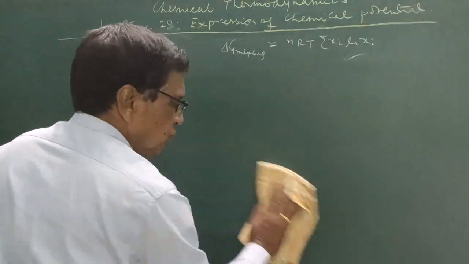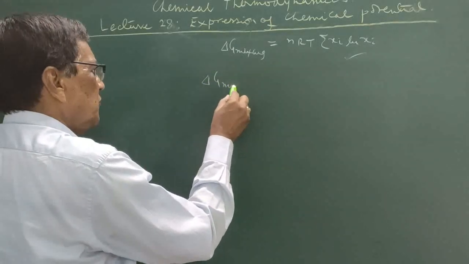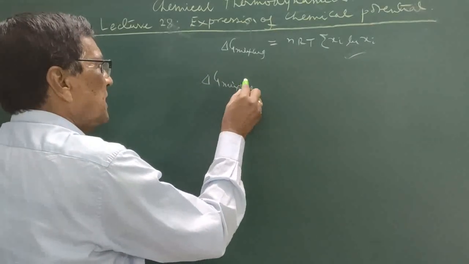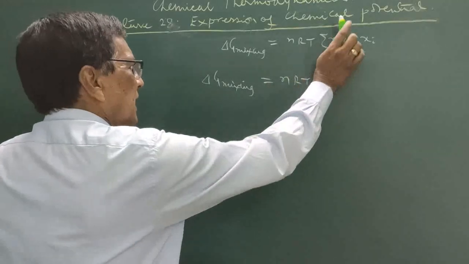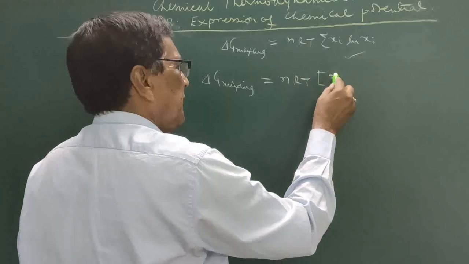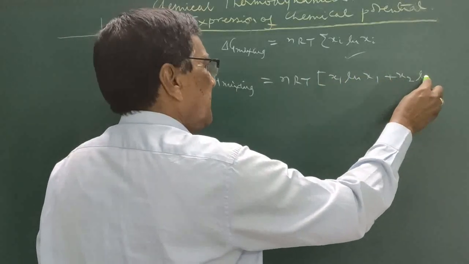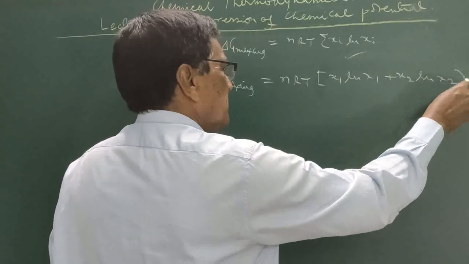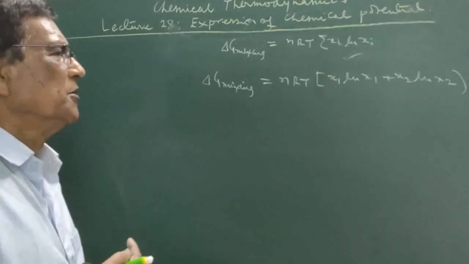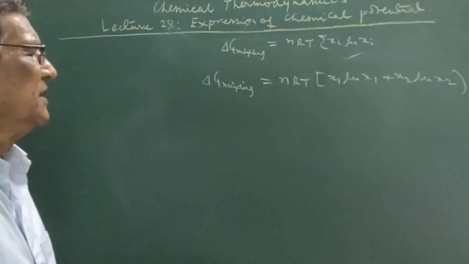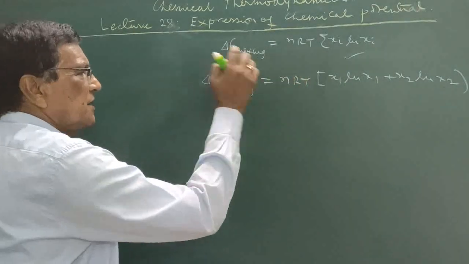Suppose we have two gases, then delta G mixing for the two gases equals nRT times x1 ln x1 plus x2 ln x2, where x1 and x2 are the mole fractions of these two gases in the mixture, n is the total number of moles of these two gases, T the temperature, and R the universal gas constant.